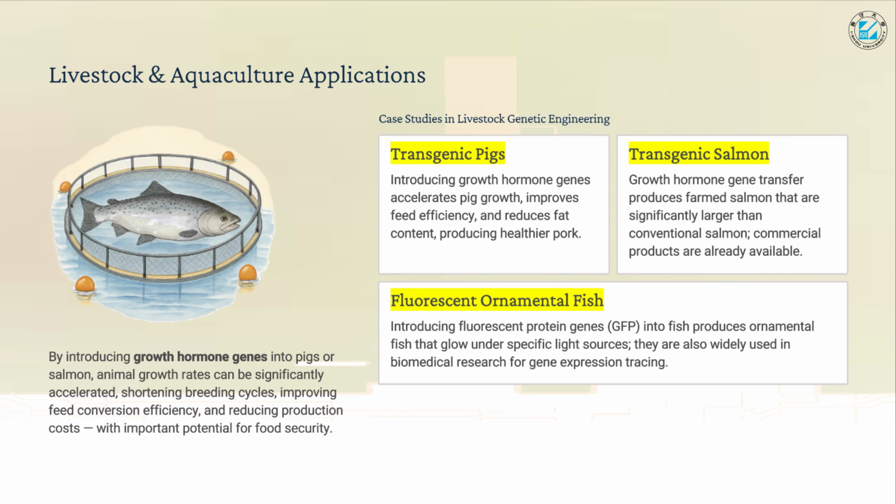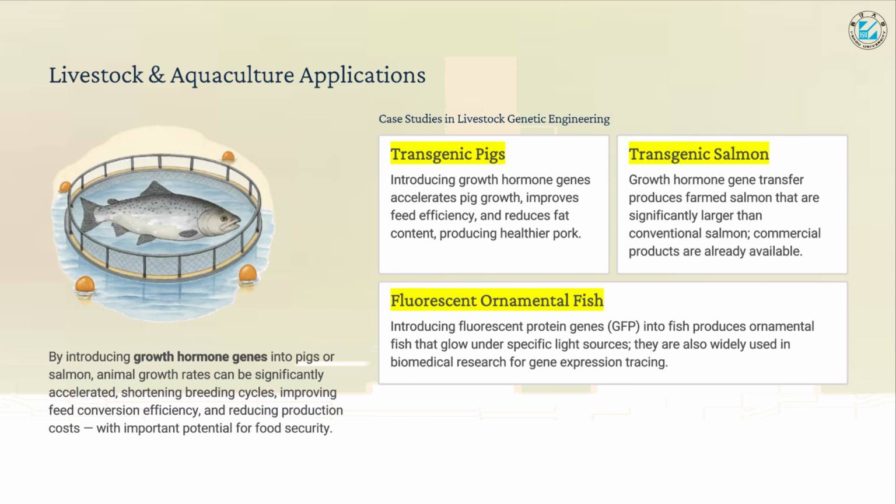Transgenic salmon are another well-known case. By modifying growth hormone regulation, this salmon can grow faster and larger than conventional salmon. Commercialized products have already entered the market in some regions.